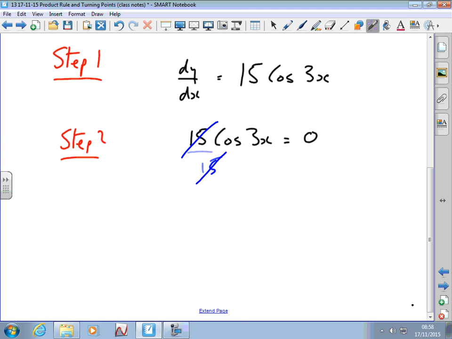So if you've got anything multiplied or divided by the function that you're interested in, it disappears because the right-hand side is 0. So cos 3x equals 0. Dividing both sides by 15, if you want to make that little note to remind you.